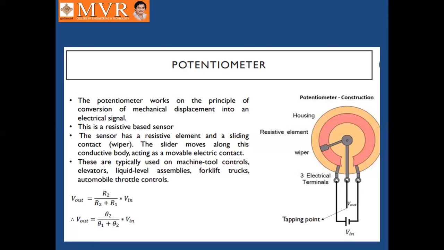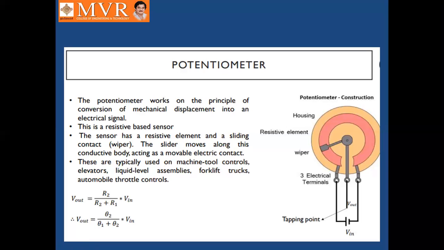In this situation, what is meant by theta? Theta is nothing but the displacement. Resistance is directly proportional to length, as we studied in basic electronics. And this length is directly proportional to r into theta, where r is the radius and theta is the deflection, how much it deflects.